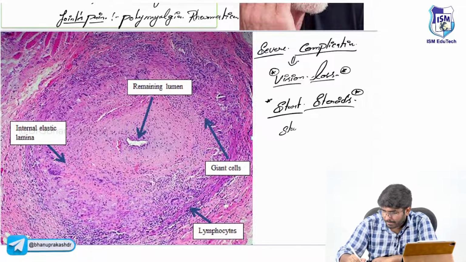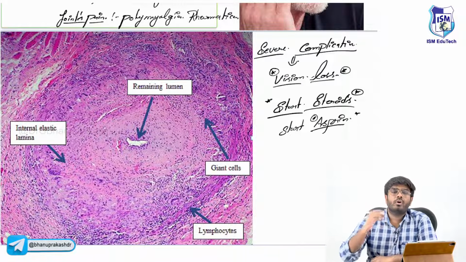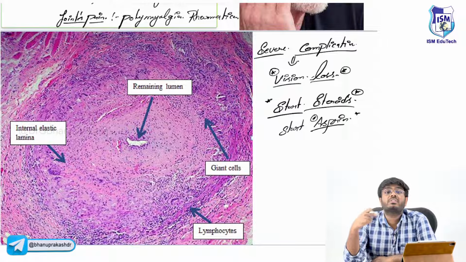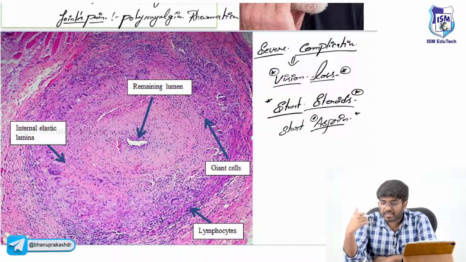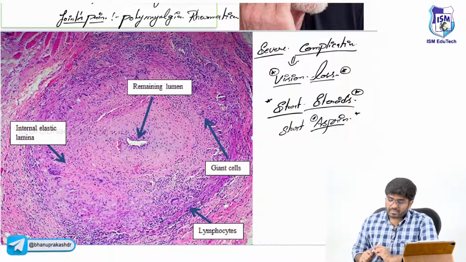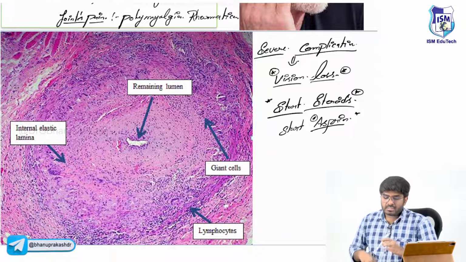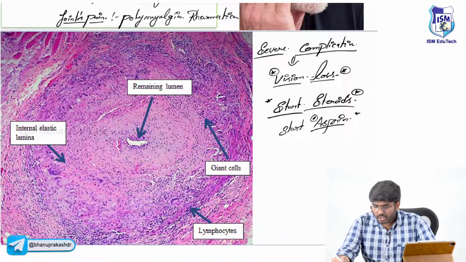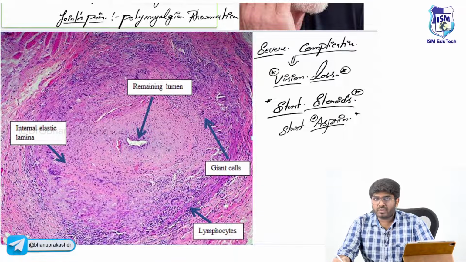Also start aspirin. Clot formation will not occur because aspirin is an antiplatelet aggregator, so thrombus formation will be stopped. So this is the severe complication, vision loss. Whenever a patient comes with a visual abnormality, immediately start steroids and aspirin.